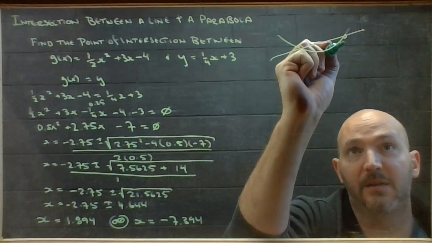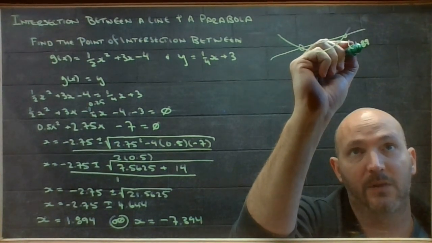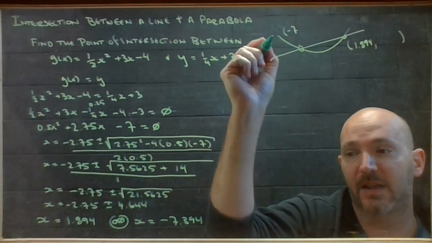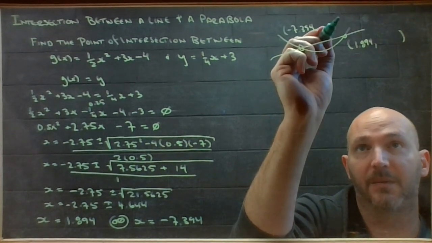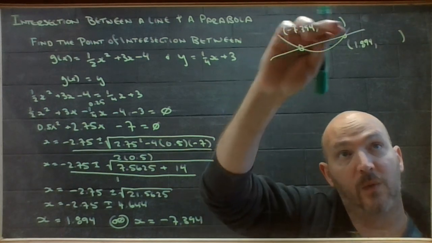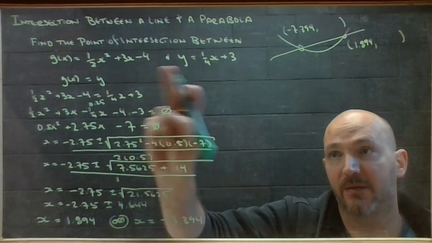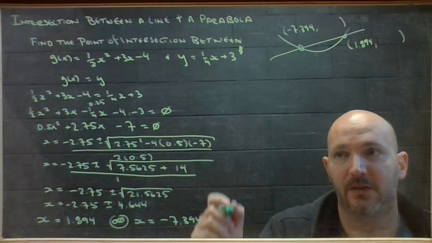So one of my points of intersection is at 1.894 comma something, and my other is at negative 7.394 comma something. So where exactly on the y? Well, I need to fill my x values into one of these equations. I'm going to choose this one because it's less painful.